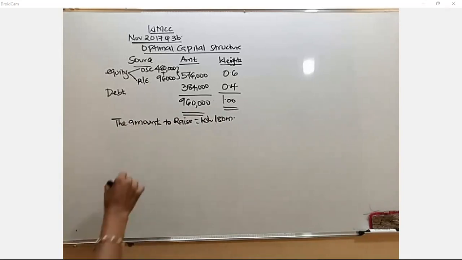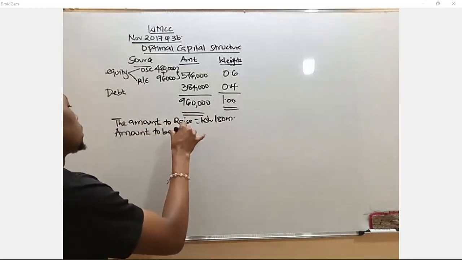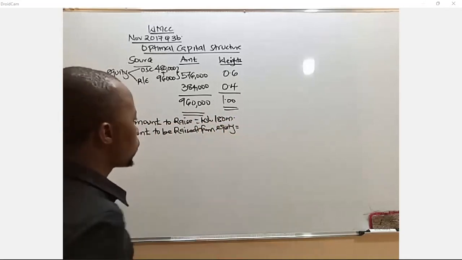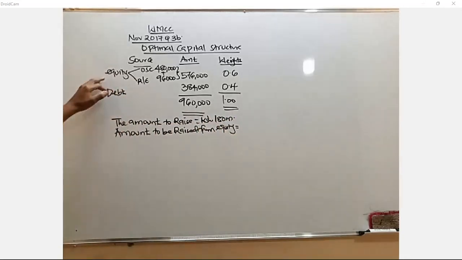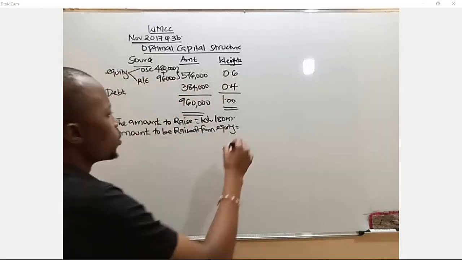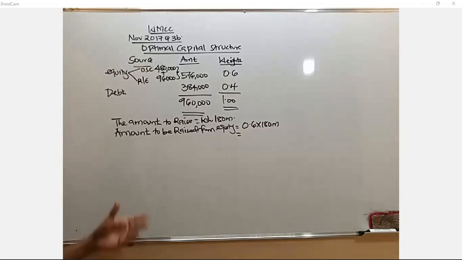The amount to be raised from equity should be equal to the proportion of equity, which is 0.6, times 180 million. That is the purpose of calculating the weights. So 0.6 times 180 gives us 108 million Kenya shillings.